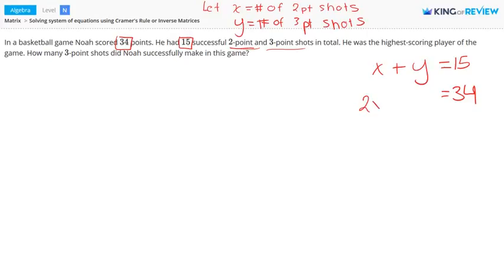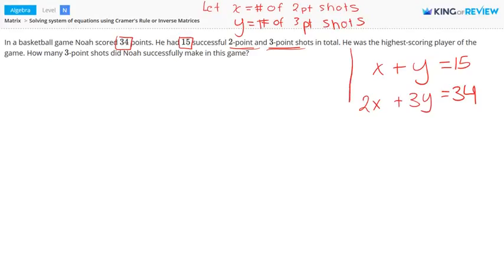So we can say 2x represents the points that he made from the 2-point shots. And then if we look at the 3-point shots, they're worth 3 points each, and if he made a total number of y of them, then 3 times y represents the total points made from 3-point shots, so plus 3y. So 2x plus 3y equals 34.